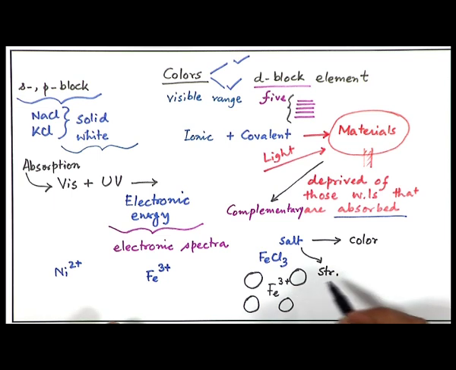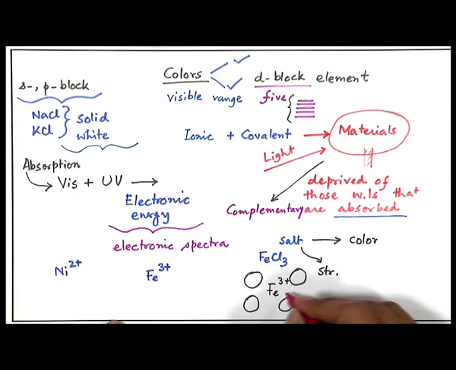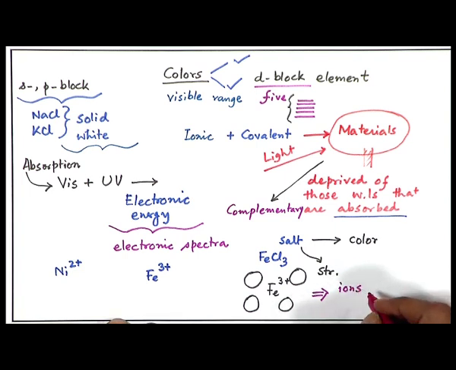In the solid state we have the ions which surround the central metal ion in the corresponding crystal lattice.